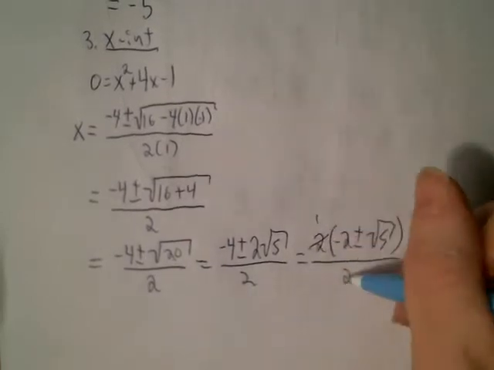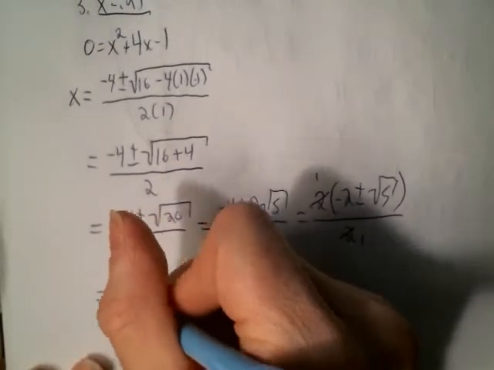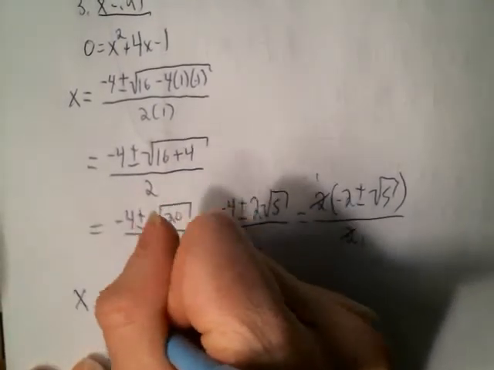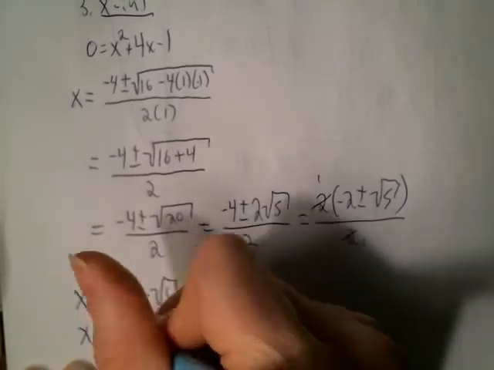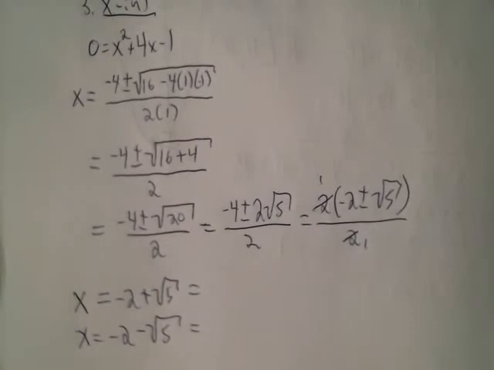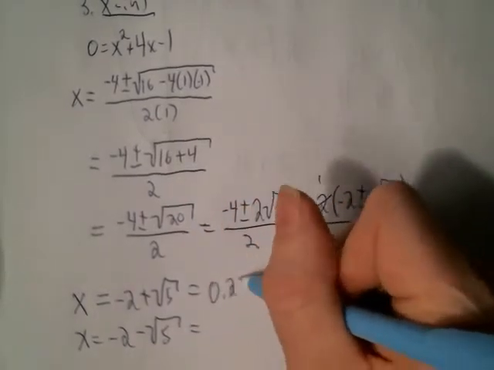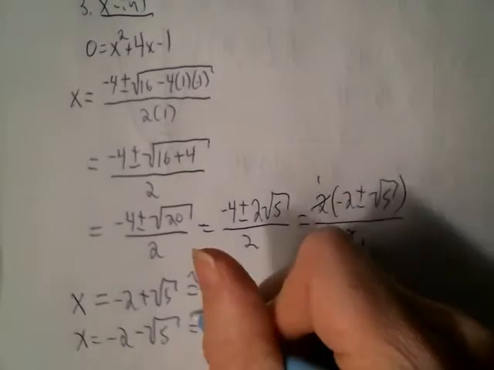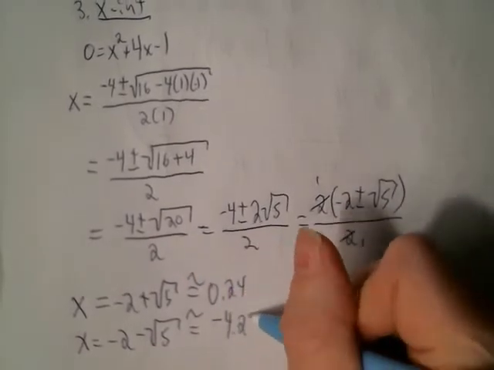And the 2's will cancel, and you're just left with x being -2 plus radical 5, or x equals -2 minus radical 5. And I'm writing them separately again so I can get those approximations. So -2 plus radical 5 is about 0.24. -2 minus radical 5 is about -4.24.